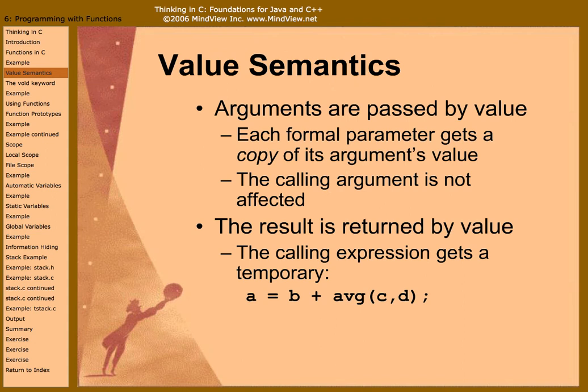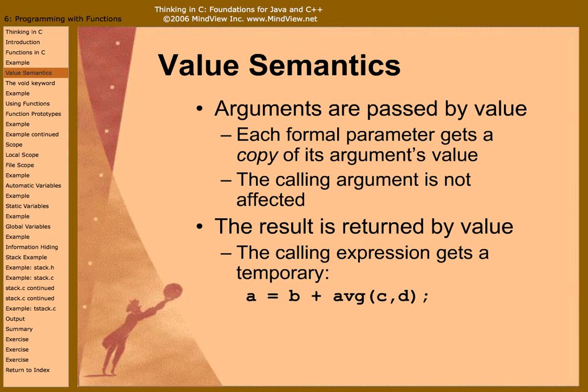What that means is that each formal parameter in a function receives a copy of the argument you call it with. So even if you were to change the value of one of those parameters inside the body of your function, it has no effect whatsoever on the argument that you called it with back in the calling function.